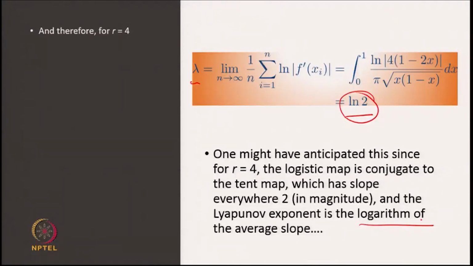Over here the slope everywhere is 2, so the average is also 2 and the logarithm would be log 2. And so, log 2 is the value of the Lyapunov exponent for the logistic map for the value of the parameter r equal to 4.